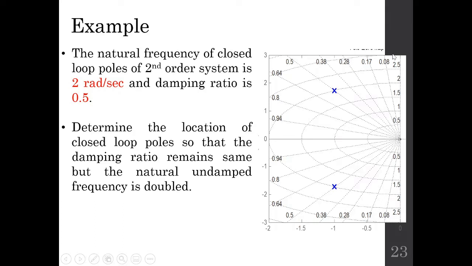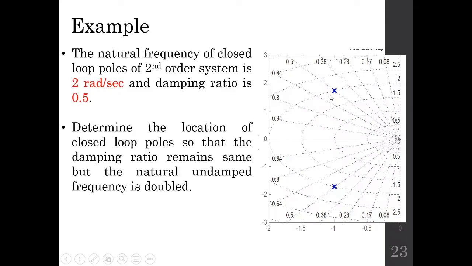This right hand side vertical axis is actually the values of omega n, and this upper and bottom numbers and this left hand side vertical axis are the values of zeta. So how do we find omega n and zeta from this graph?